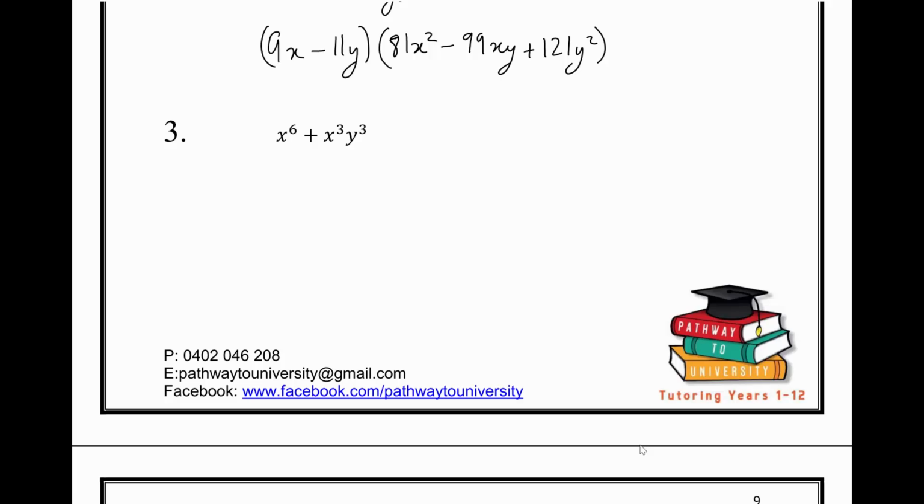With this equation, we note that there is a common factor of x to the power of 3. So let's take out x to the power of 3. This leaves us with x to the power of 3, bracket x to the power of 3 plus y to the power of 3.